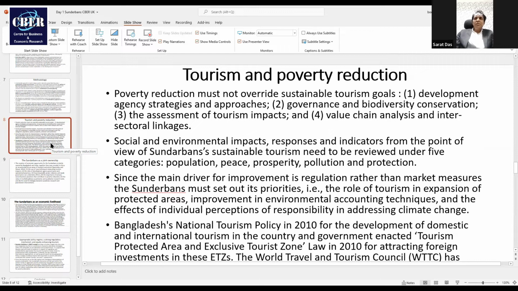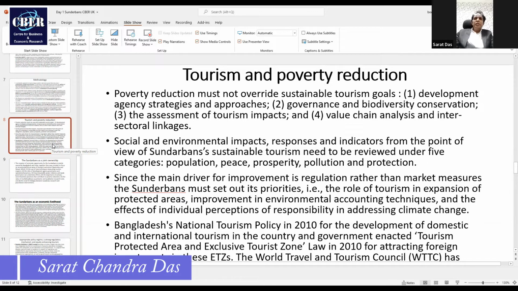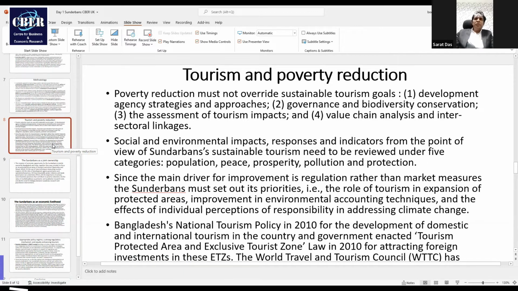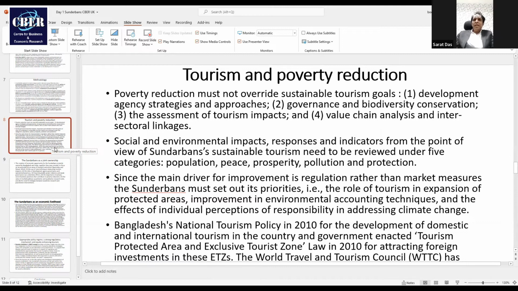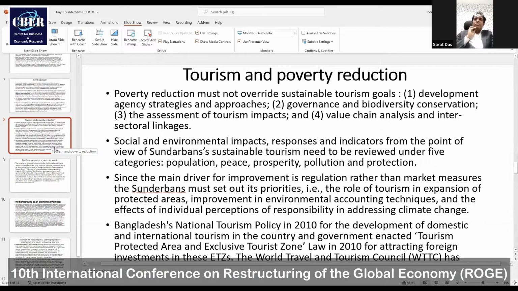All this can be resolved under a discourse of tourism and poverty reduction, but how far do we go in terms of setting our goals under sustainable tourism? At the same time, poverty reduction should not override these sustainable tourism goals. I think there needs to be some kind of trade-off. So we discussed that under tourism and poverty reduction.